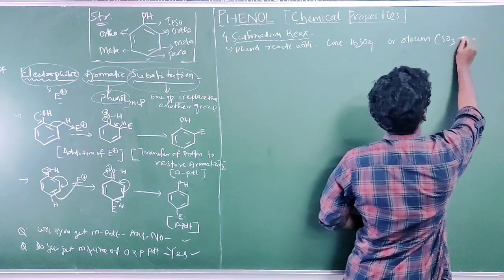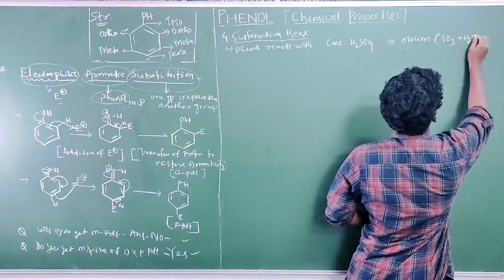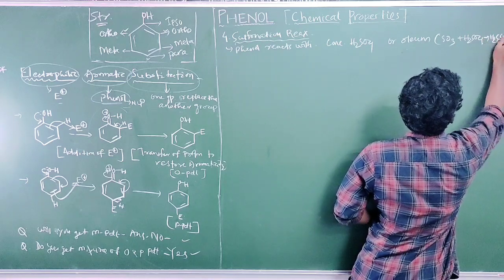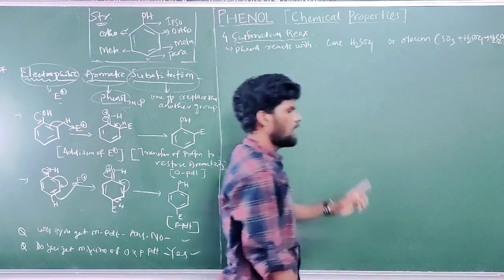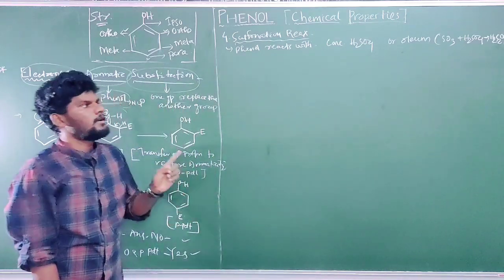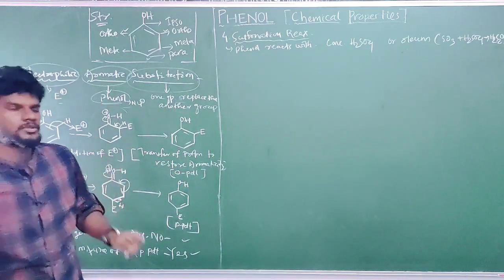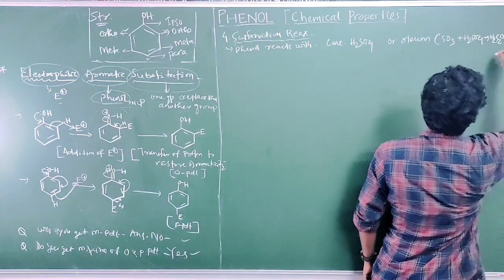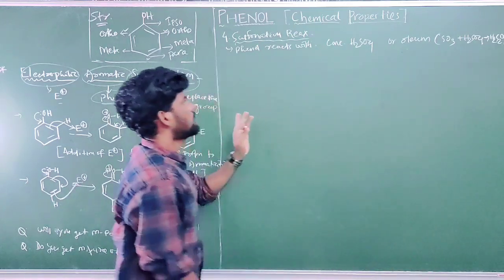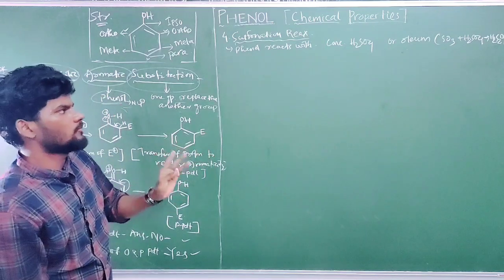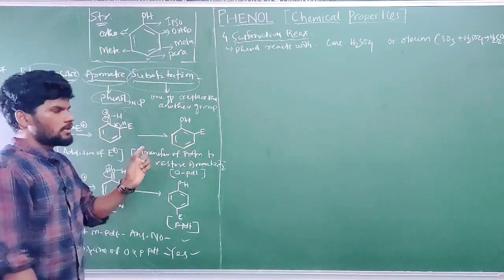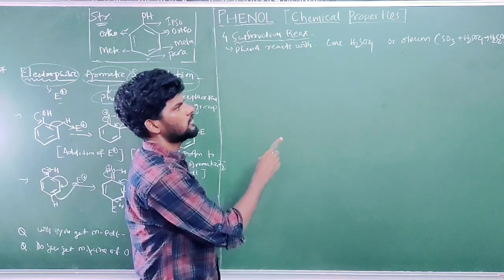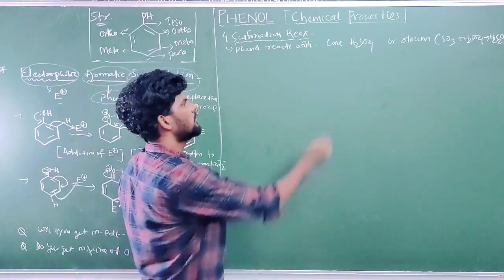SO3 plus H2SO4, you will get H2S2O7, that is oleum. Phenol reacts with concentrated H2SO4 or oleum. Concentrated H2SO4 means H2SO4 in the presence of H2SO4, or oleum, SO3 in the presence of H2SO4.